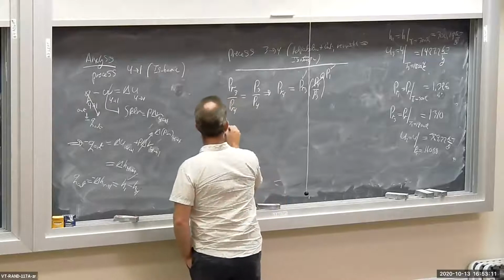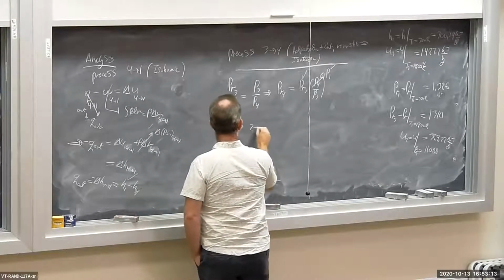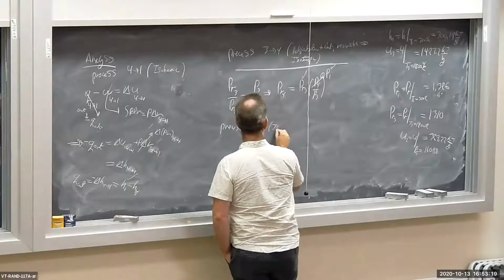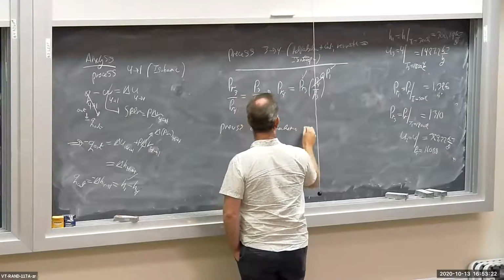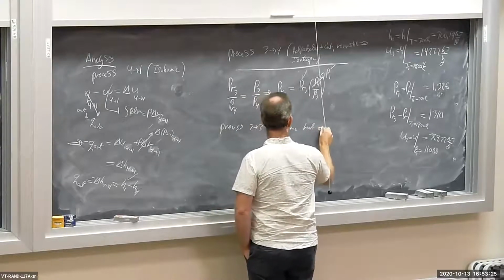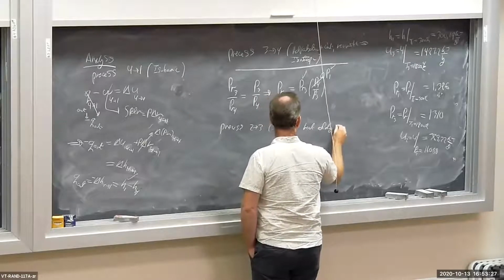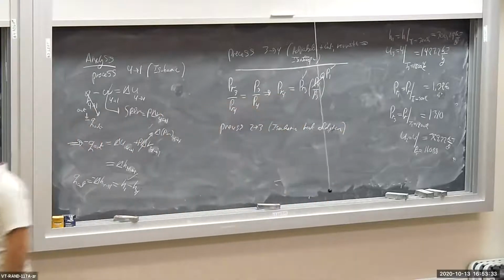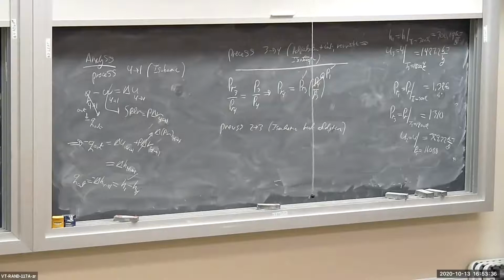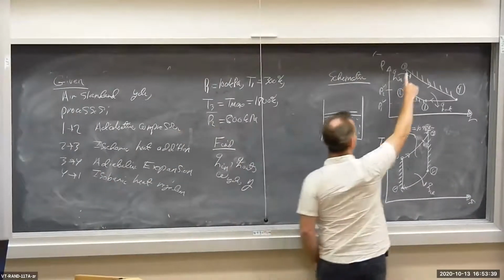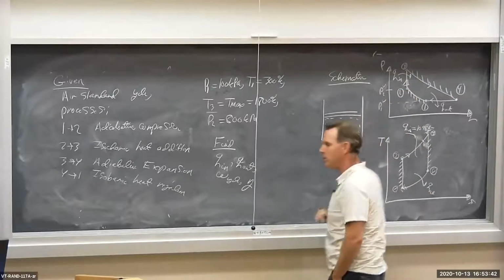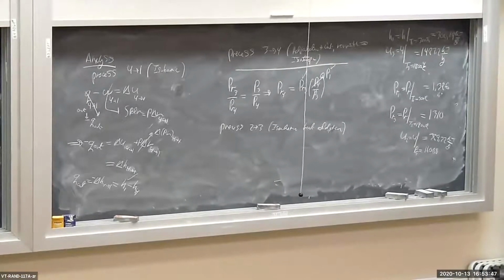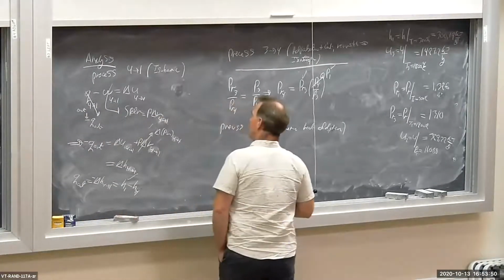Let's see here, process 2 to 3. Yes, this is isochoric heat addition. Isochoric means constant volume. Constant volume from 2 to 3. Let's write out the ideal gas law. I'm interested in P3, so maybe writing out the ideal gas law will help.